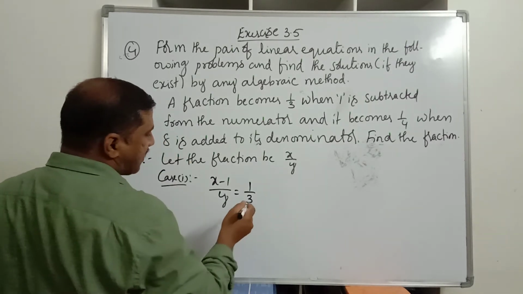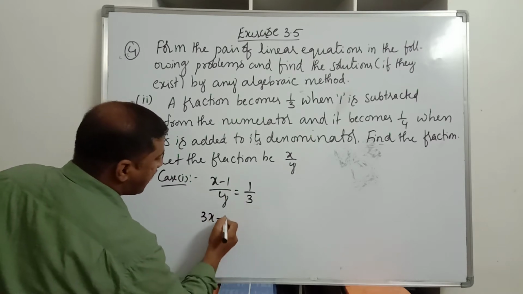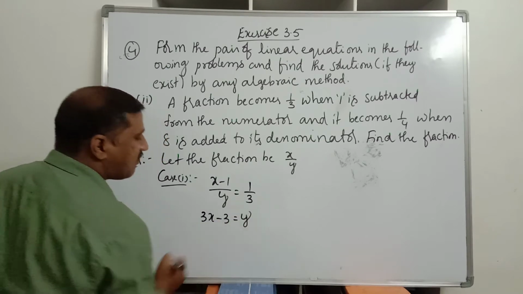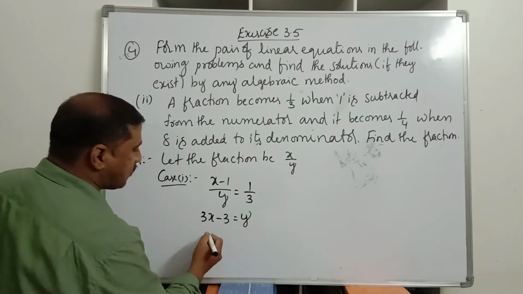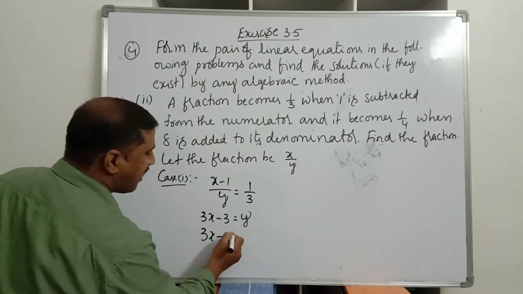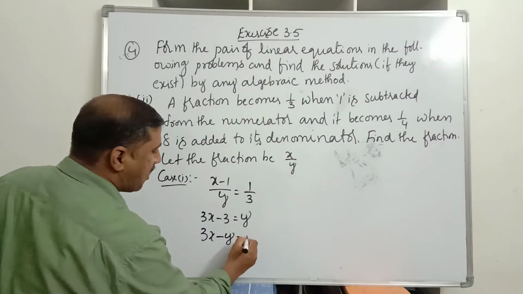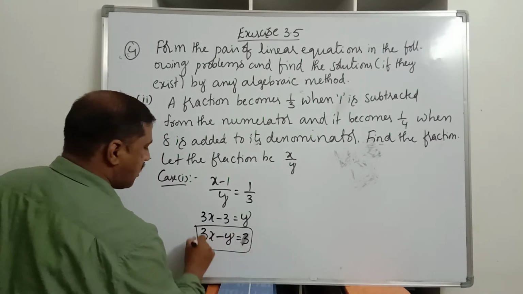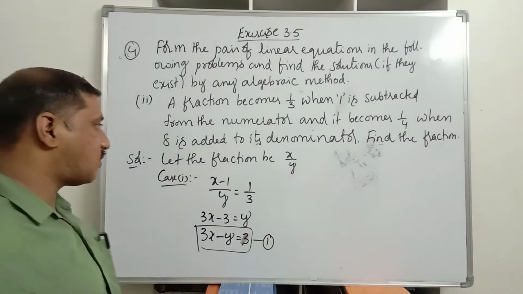By cross multiplication, we get 3 into x, 3x, minus 1 into 3, it is 3, equals y into 1, it is y. Now by transposing 3x and y to the other side, on the LHS we get minus y, equals transposing minus 3 to the other side, the RHS will become plus 3. So this is equation number 1: 3x minus y equals 3.